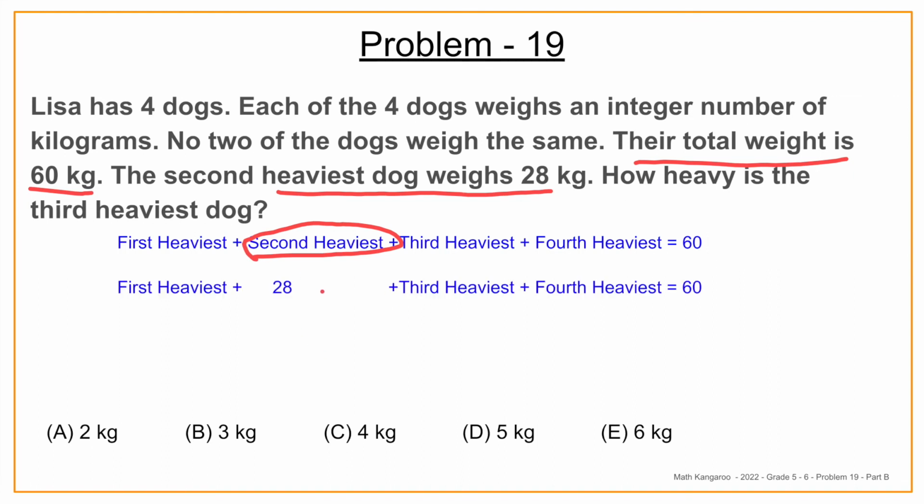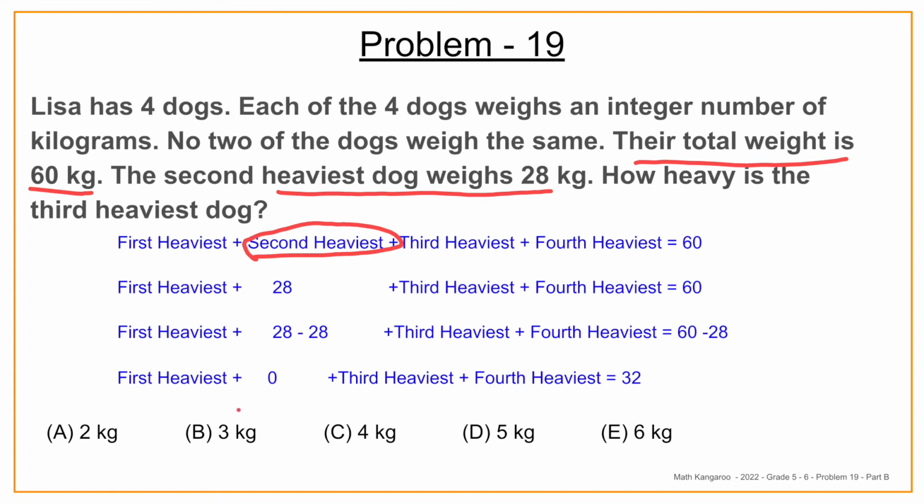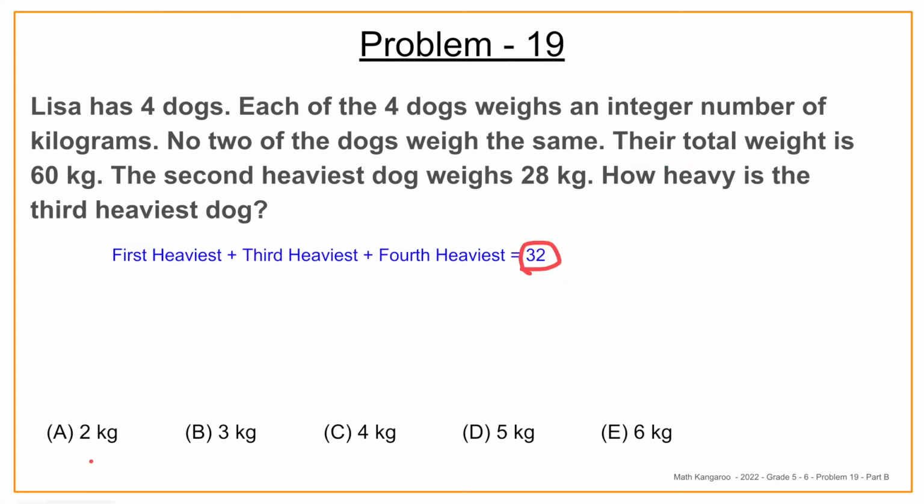Now we subtract 28 on both sides and we get 60 minus 28 gives us 32. So we have first heaviest, third heaviest and fourth heaviest equals 32. Now pick each option, fit it in this equation and see if we can find the third heaviest dog.